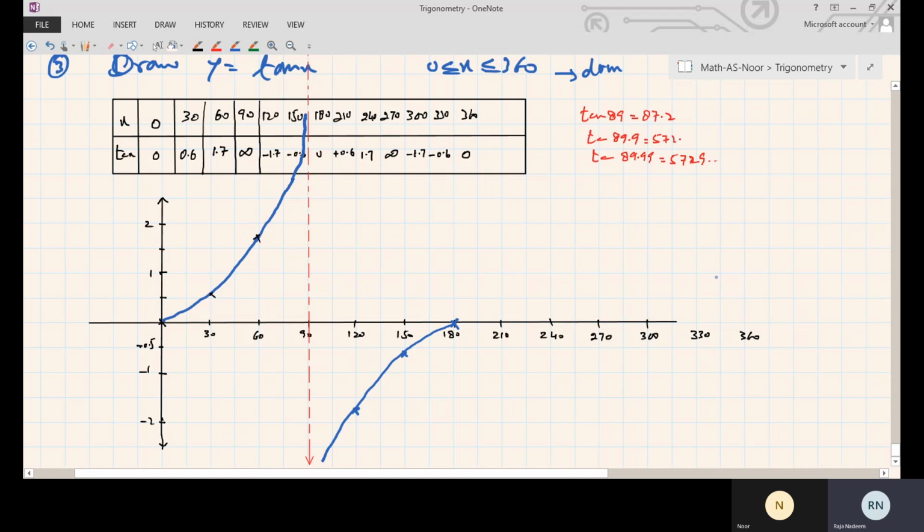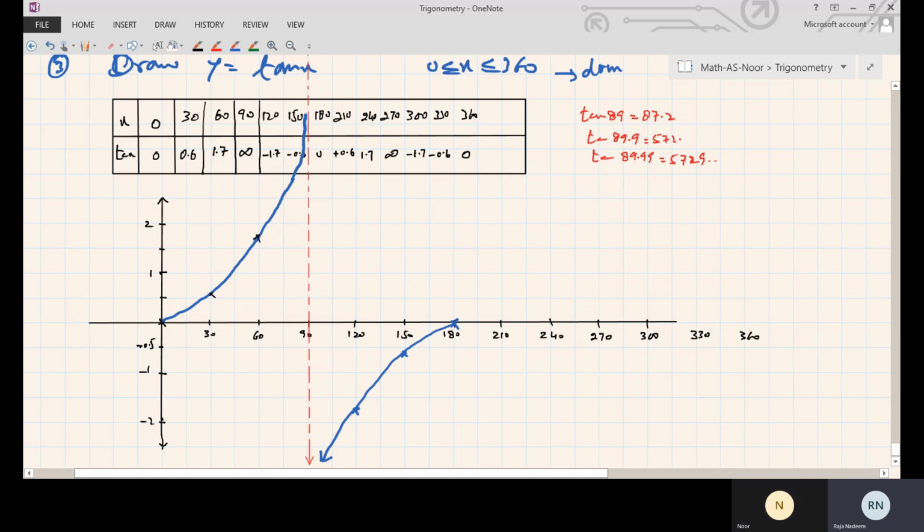Our range would be the set of real numbers, because you can see that our graph is increasing from both sides, parallel to the y-axis. On the positive side, we get any value of y, small or larger. On the negative part of the y-axis, the curve moves towards very small values from the negative side.